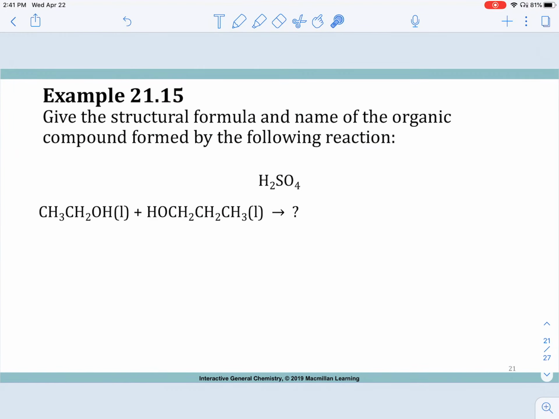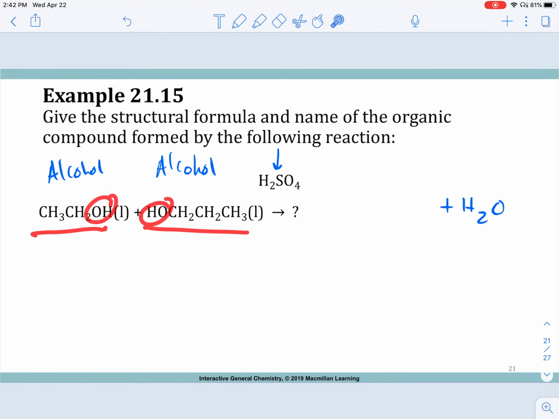Next one is just doing a little bit of practice, remembering what type of reaction this is. This is taking an alcohol plus an alcohol. Remember, think of this as dehydrating. We're going to get water as a byproduct. To do these, it's nice to draw them or write them out where the OH groups are next to each other.